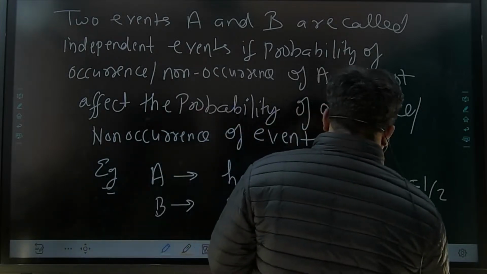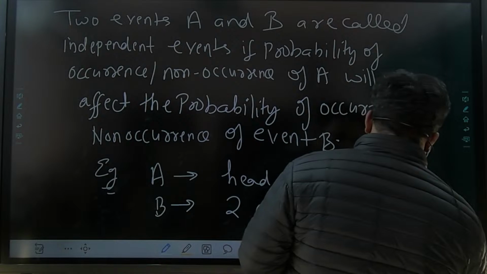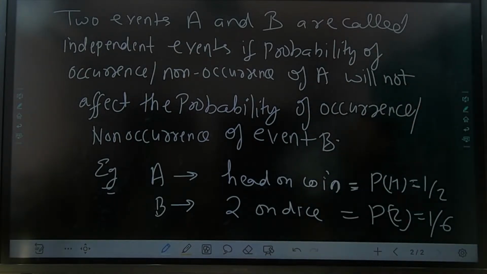Its probability will be 1/6. It has nothing to do with the probability of 4 or the probability of 5. So the probability of 2 is fixed, irrespective of the probability of the others.